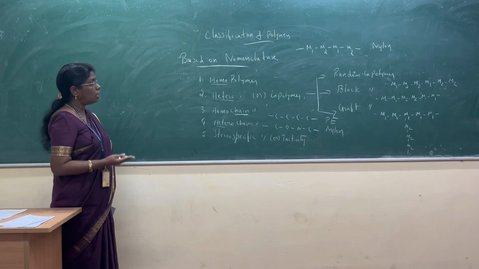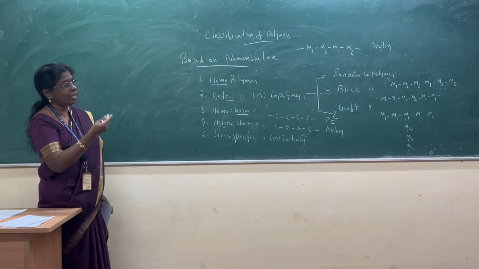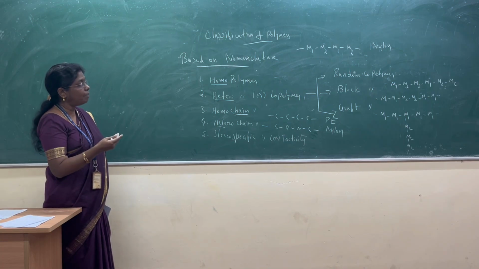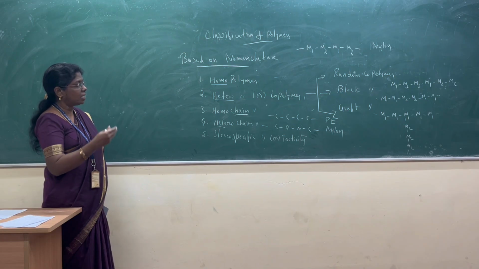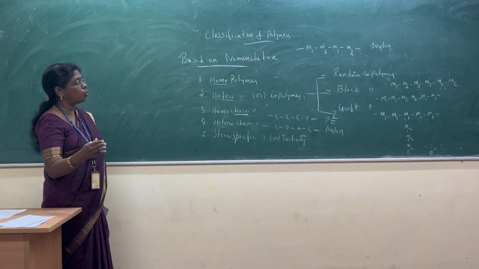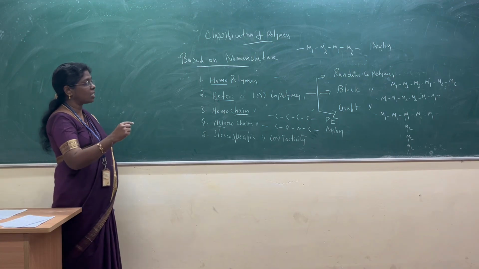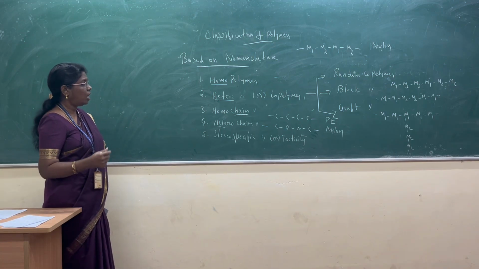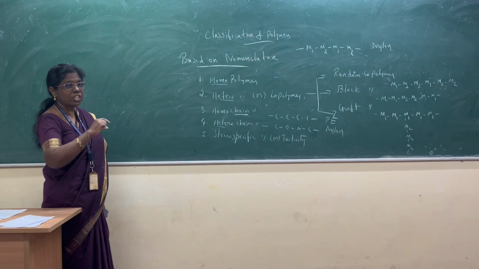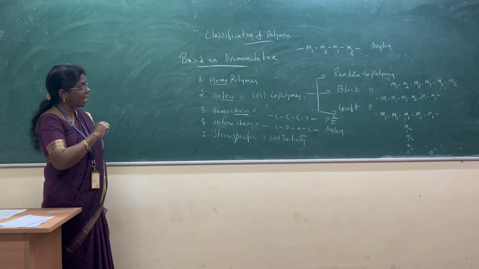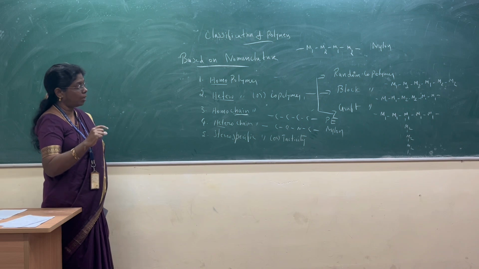An example is nylon. Based on arrangement of monomer, there are three different types: random, block, graft. Random arrangement, and block means M1, M1, M2, M2, M1, M1, which is known as a block arrangement, and graft is where M1 is the main chain and M2 is a side chain. Homochain means the main chain of the polymer is made up of the same species of atom, carbon, carbon, carbon. An example is polyethylene.